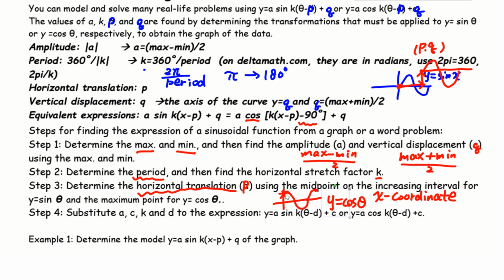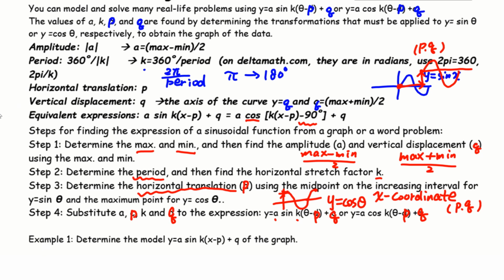So the starting point is your p comma q on the graph. After we have a, k, p, q, we substitute into the general form, and then you will have the equation for the sinusoidal function.